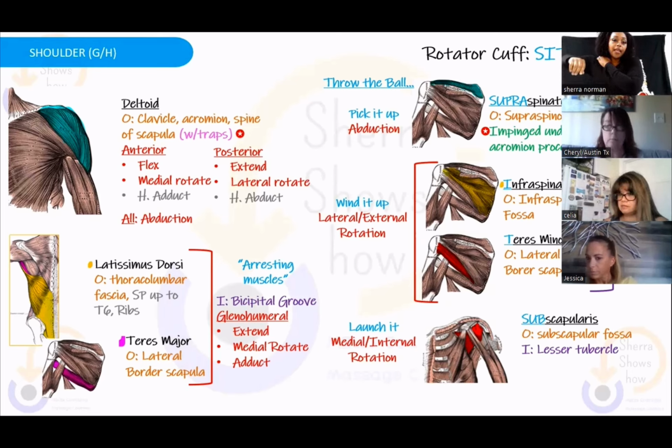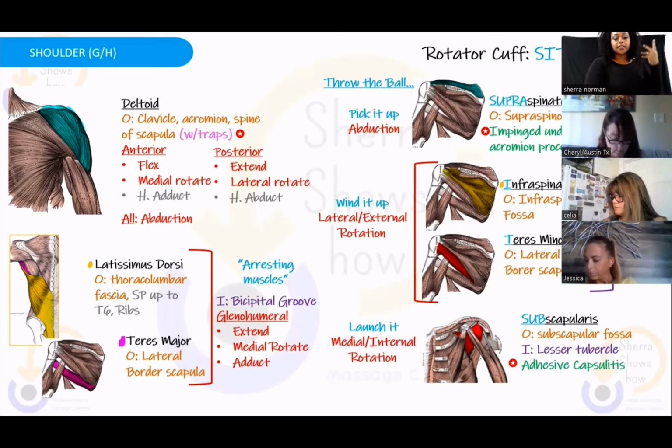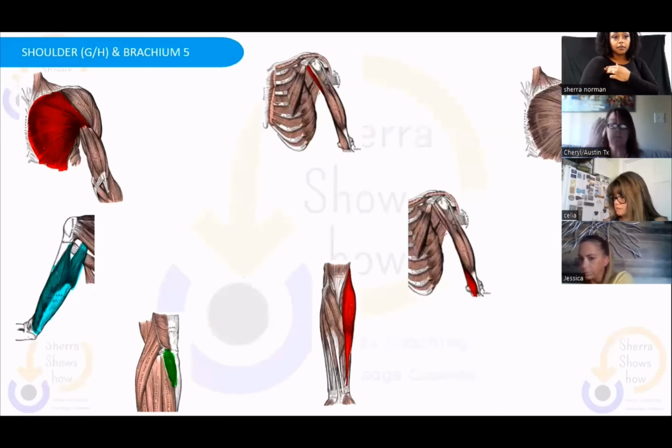So it can get impinged, underneath the acromion process, right at the top of your shoulder. Very painful. And then, of course, subscapularis is usually associated with adhesive capsulitis. Medial rotation becomes very difficult and becomes stuck. Subscapularis.